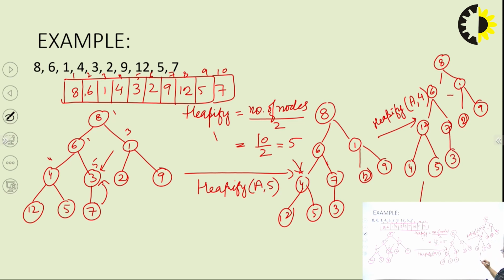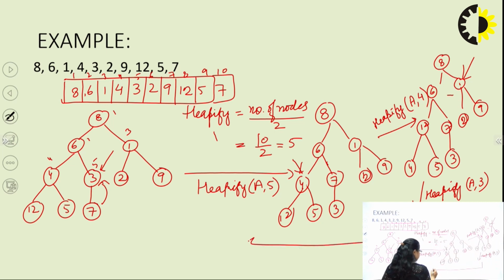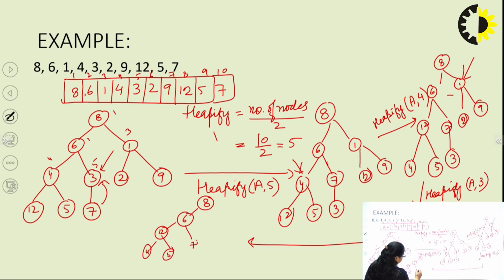Then after that, we are going to call heapify a comma 3. Heapify a comma 3 means we have to call it on the 3rd node. While calling it on the 3rd node, now I can generate a tree here. In this case, the tree becomes 8, 6, 12, 4, 5, 7, 3, 8.